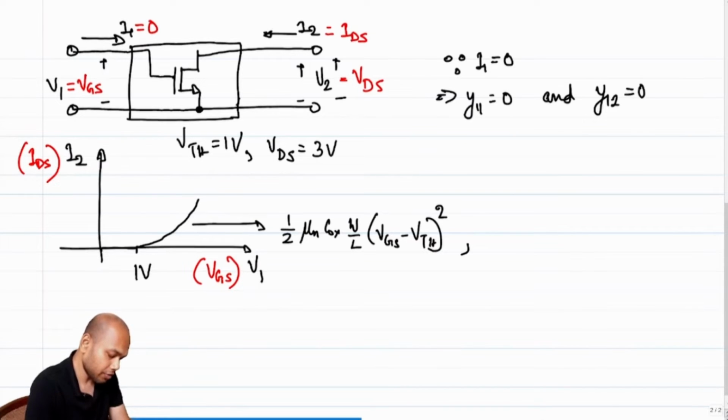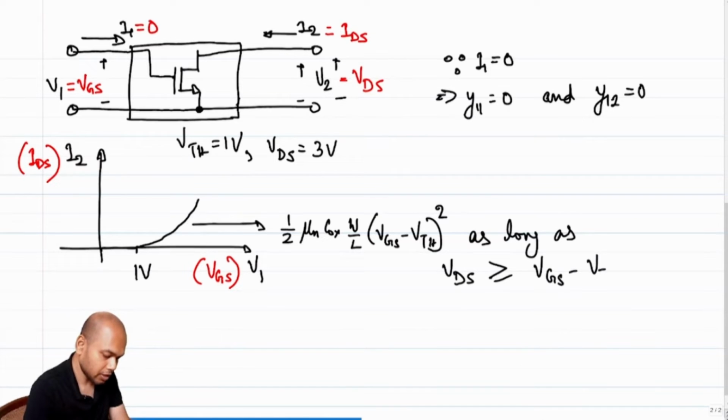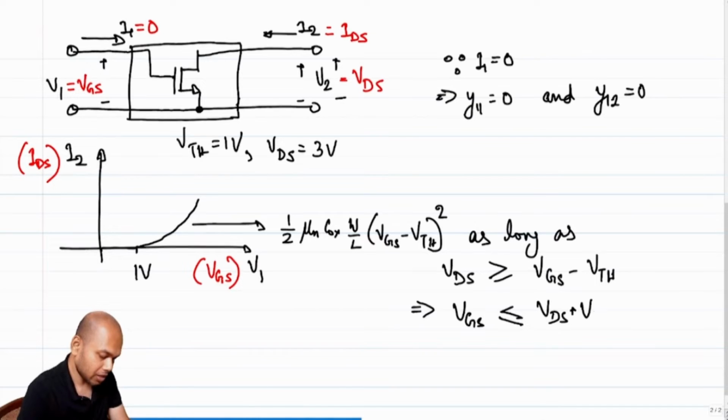What is the validity of this equation? This equation is valid as long as VDS is greater than or equal to VGS minus threshold voltage. What is VDS in our case? In our case, VDS is 3 volt, which means this will be true as long as VGS is less than or equal to VDS plus threshold voltage, that is 4 volt, right?